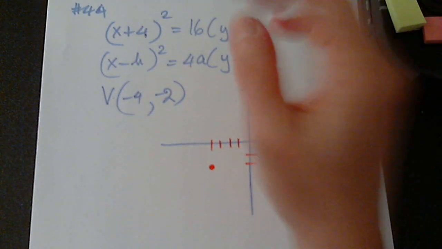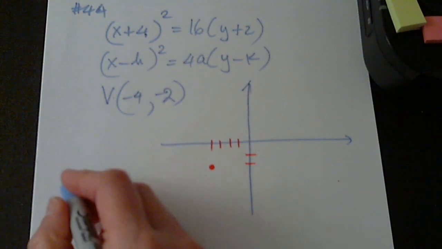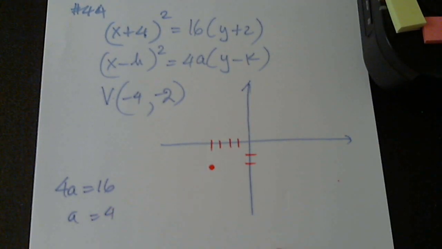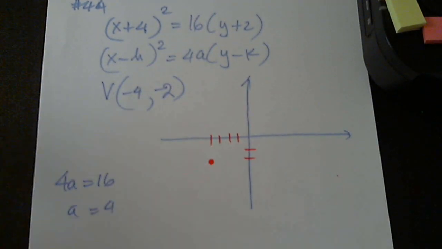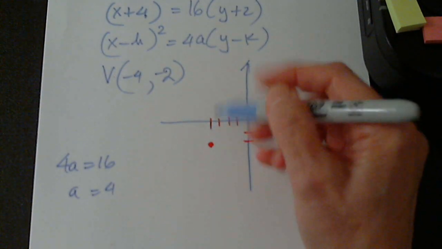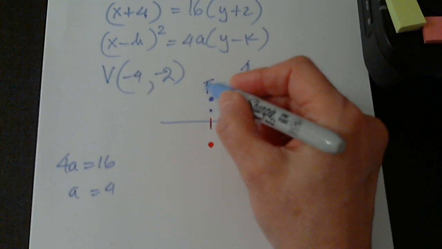Therefore, the next step is 4a equals 16. Okay, fine. 4a equals 16 means a equals 4. Going back for a second. Remember what we just said? That the parabola opens up. So a equals 4 means I only have 2 units here. I need 2 more. That's where the focus is.